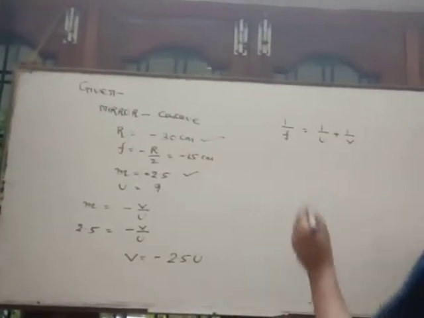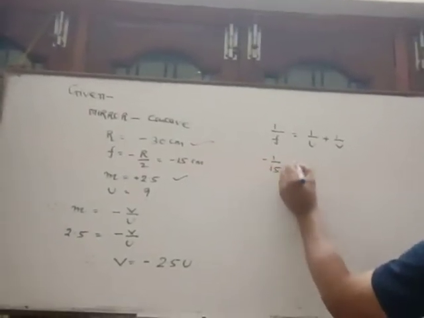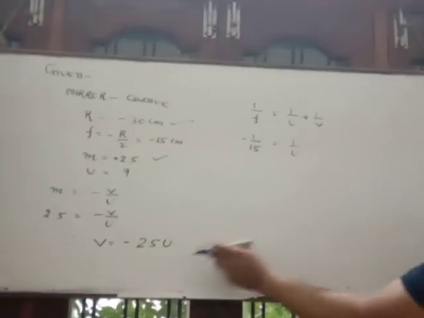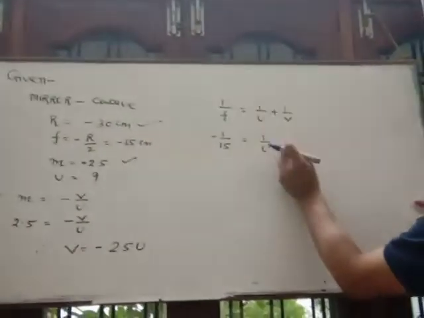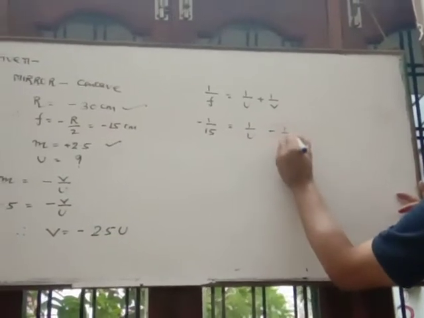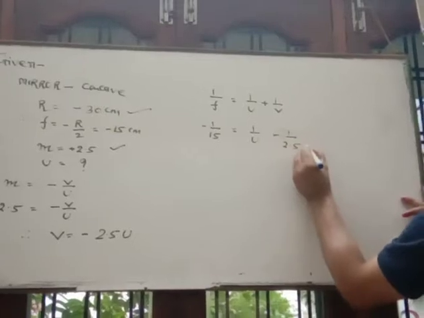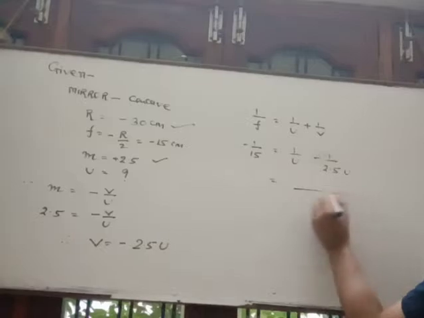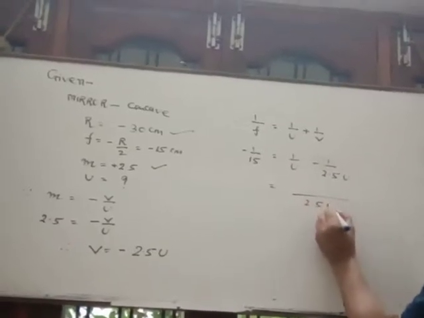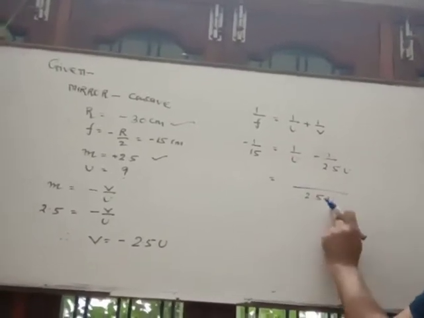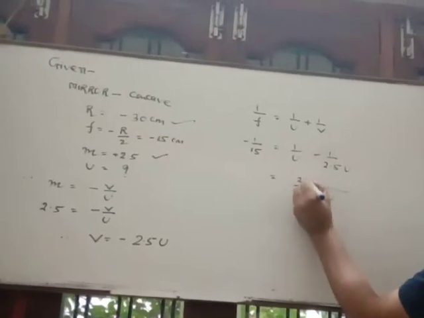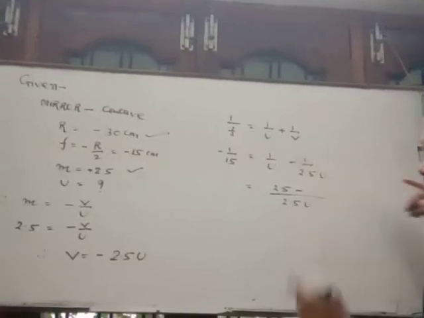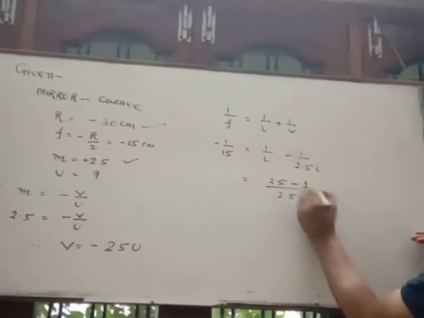F is equal to minus 15, so minus 1 upon 15. U is unknown, that will remain U. V is equal to minus 2.5 U. LCM of U and 2.5 U is 2.5 U. So it is 2.5 U divided by U, that is 2.5, minus 2.5 U by 2.5 U, that is 1. 1 into minus 1, it is 1.